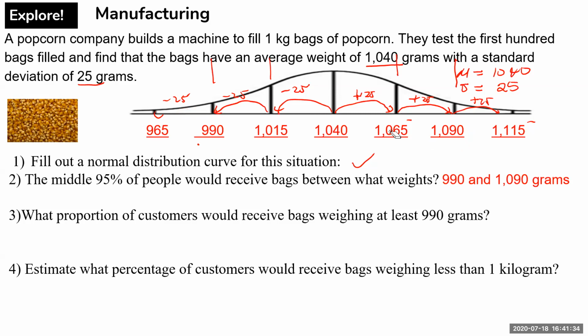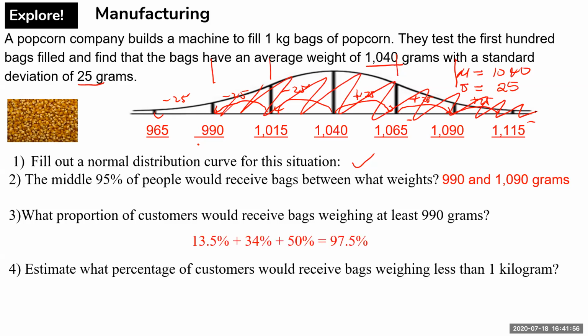Now, what proportion of customers will receive bags of at least 990 grams? At least 990, right? So we have to look at everything to the right of 990. So we are looking at the proportion of customers that will receive at least that.